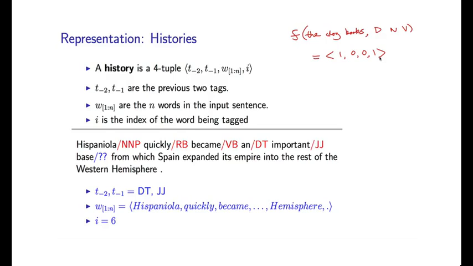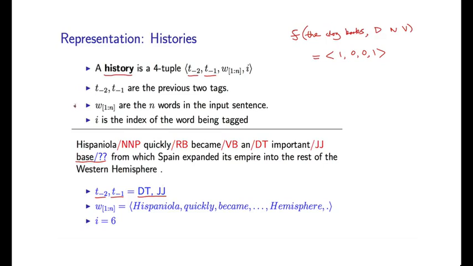A first critical concept was the idea of a history, which captures all of the context in play when we're making a tagging decision. As we saw a few lectures ago in log linear models, a history is a four-tuple consisting of a pair of tags, t minus 2 and t minus 1. For example, if we're tagging the word base, we would have t minus 2, t minus 1 equal to determiner followed by adjective.